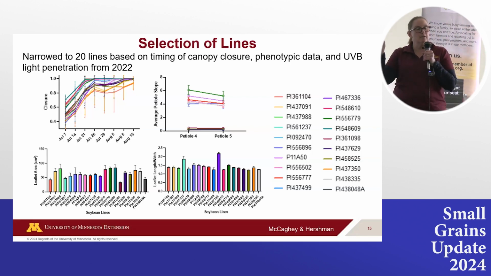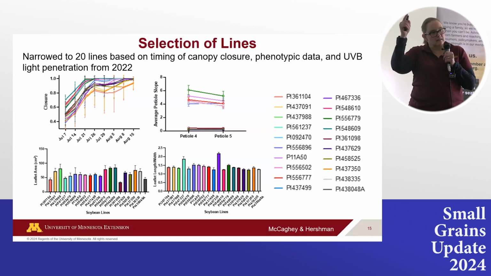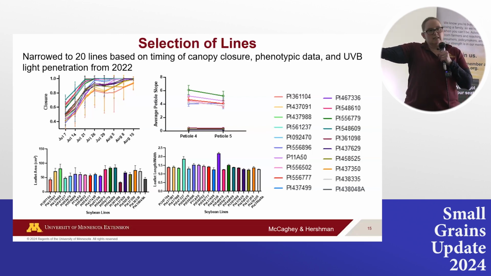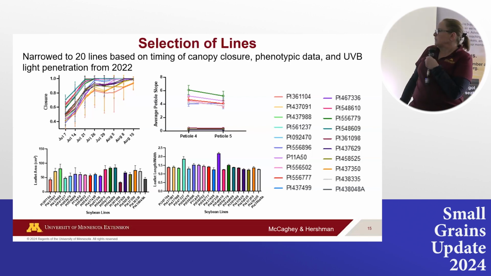So if you remember, with petioles, those are the leaf stems that attach the leaf blade to the main stem. If you have a very low slope, so the leaf is standing more outward like this as opposed to this, that's going to create a more rounded canopy and probably not provide as much escape.